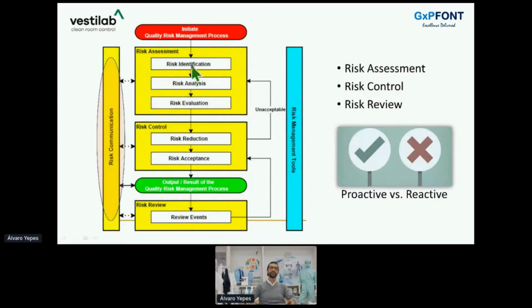So what we need to do is use quality risk management as our navigation chart, in which basically three areas or blocks are key: the risk assessment phase, the risk control phase, and the risk review, keeping an ongoing cycle through the lifetime of the installation, the product, and the process itself. All has to be supported by proper communication of the risk. And this is paramount.